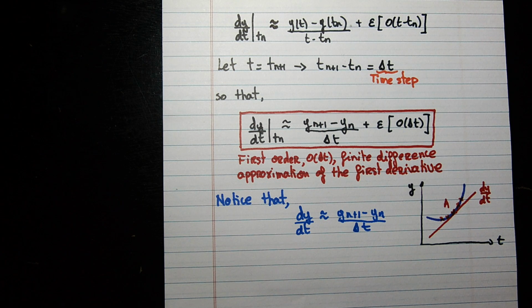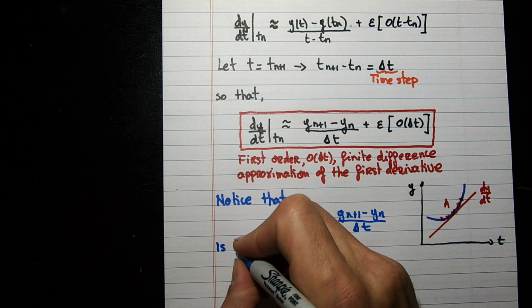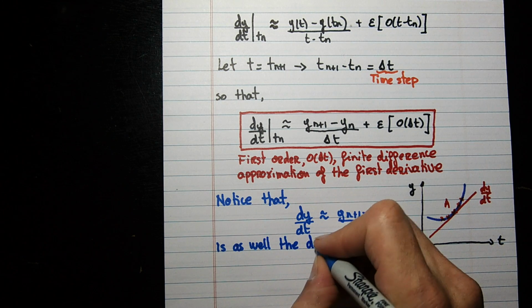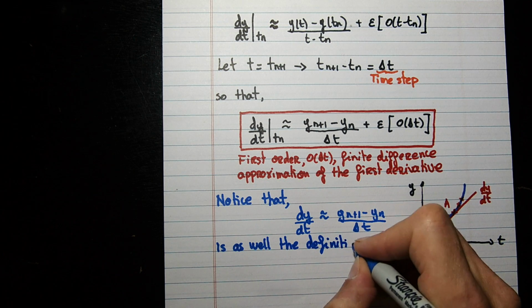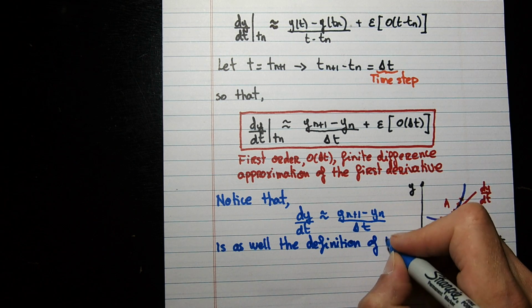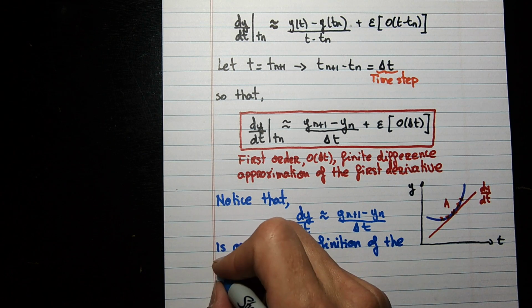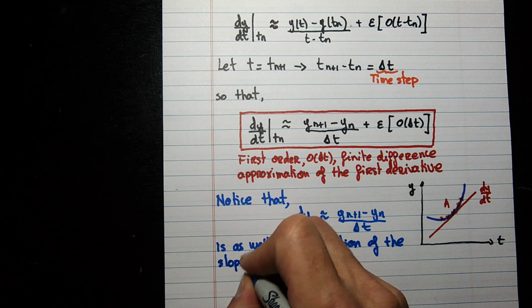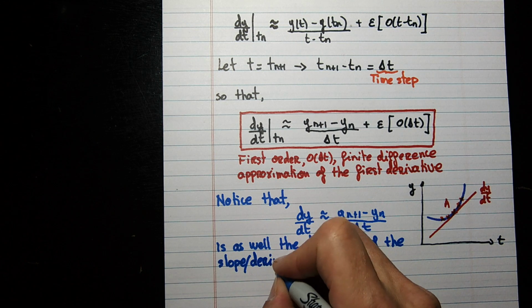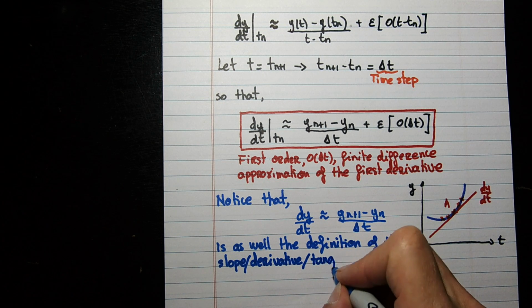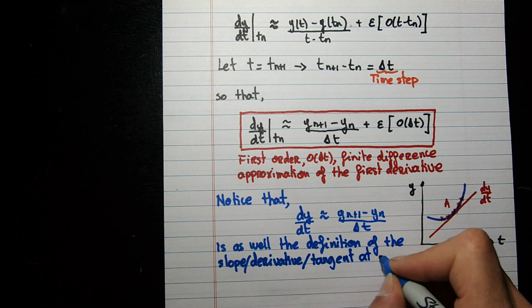Alright, so just wanted to notice that this term is as well the definition of the slope, okay, slash derivative slash tangent at a point.